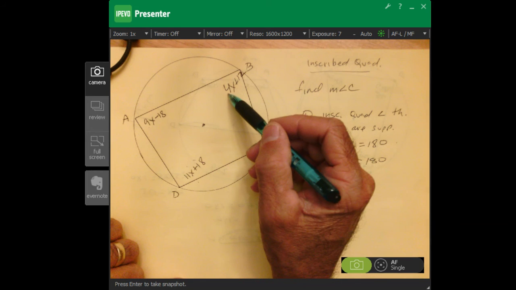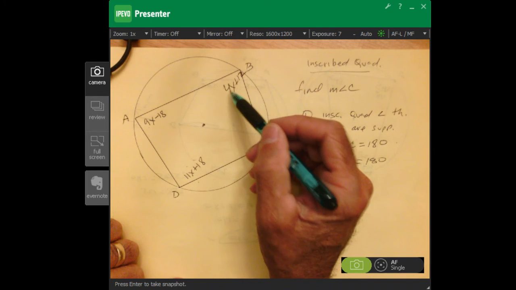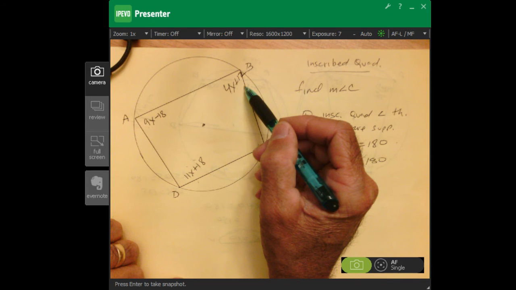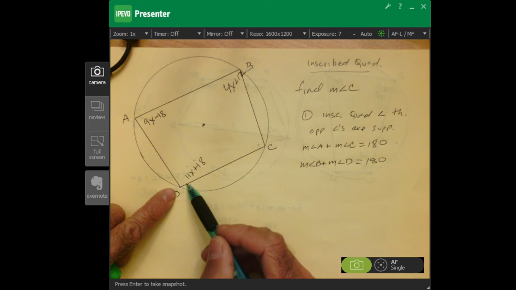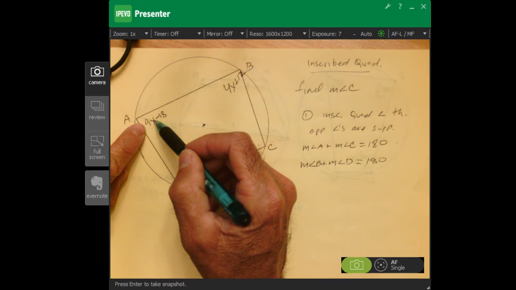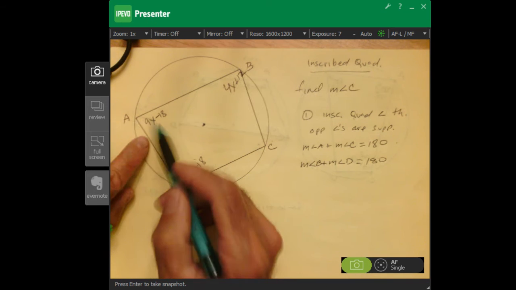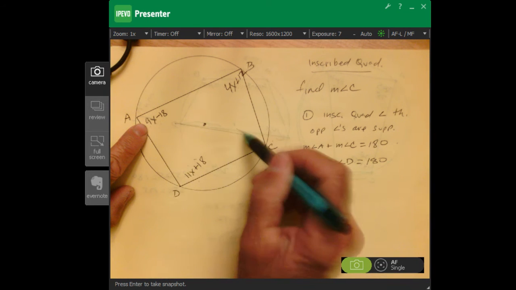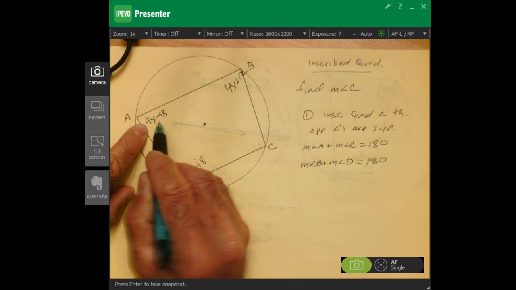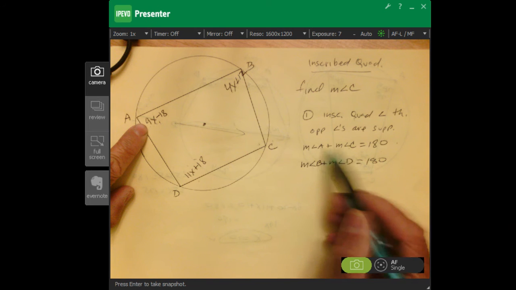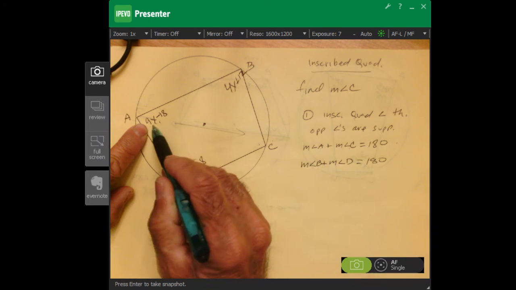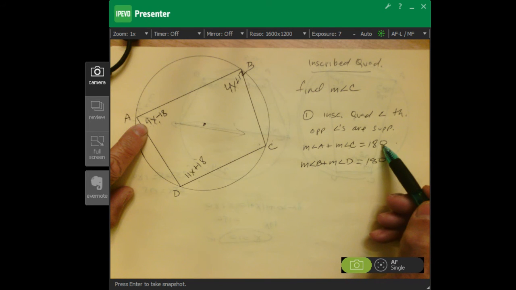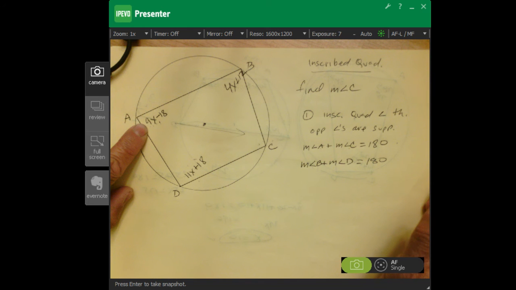If we can find out what X is, we should be able to find out what these angles are. This is the angle that would be key, because if we know what this angle is, then we can go back up here and find out what number we have to add to that to get 180. I hope all of that's making sense.